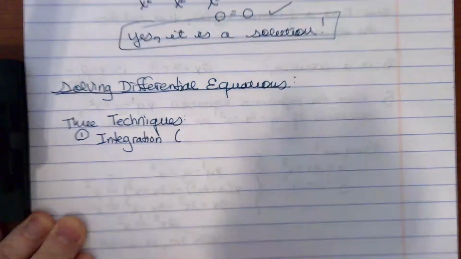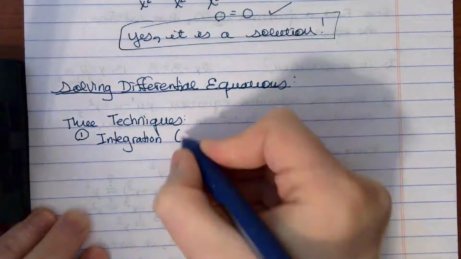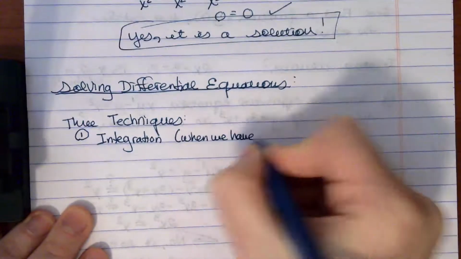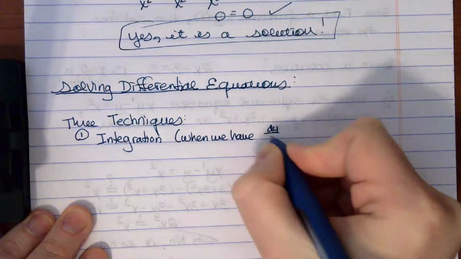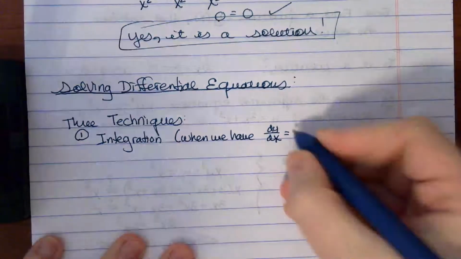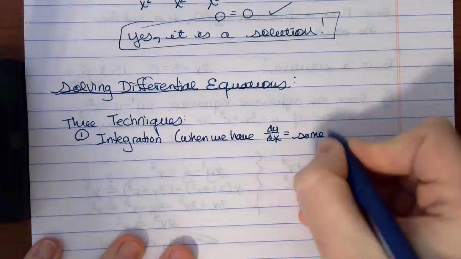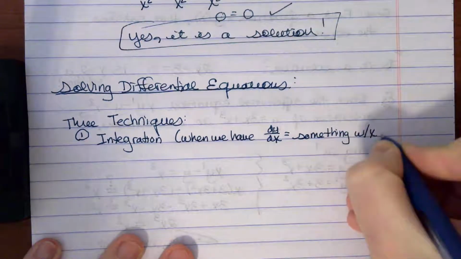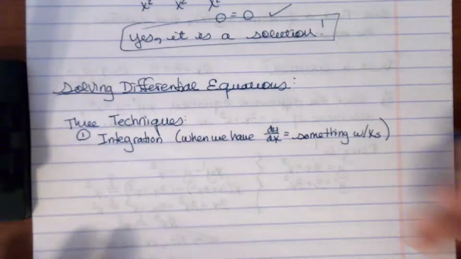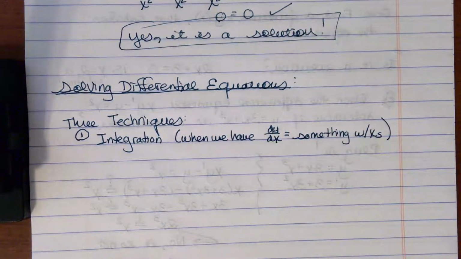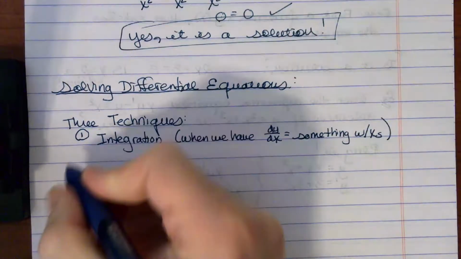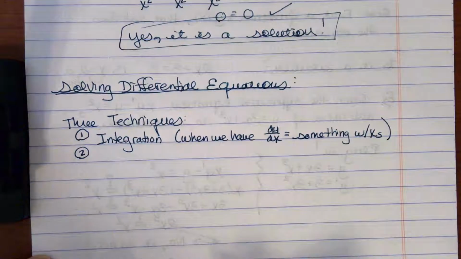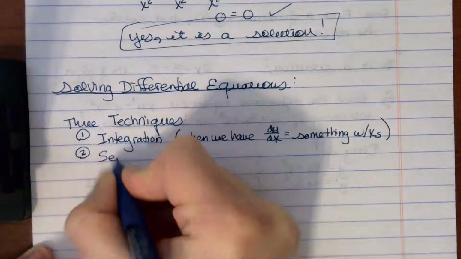And that method works when we have something in the form dy/dx equals something with just x's. We'll do one of those in a moment. It won't be a big deal. Second method, which is what most of this video will be spent on, is a method called separation of variables.